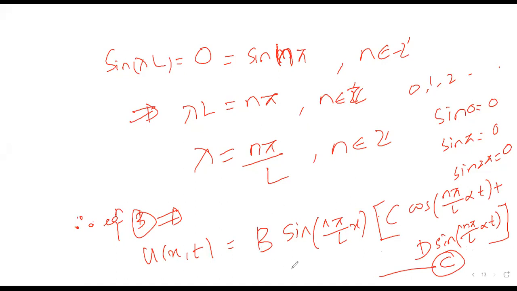Yes, still we have a big solution. So to get rid of any of the t terms, we are going to use one of the initial conditions, that means the u_t initial condition. Okay, let me continue. Now again put the initial condition.